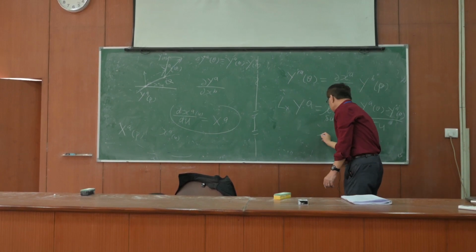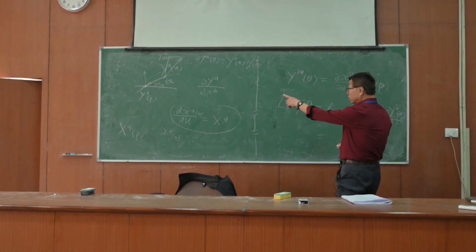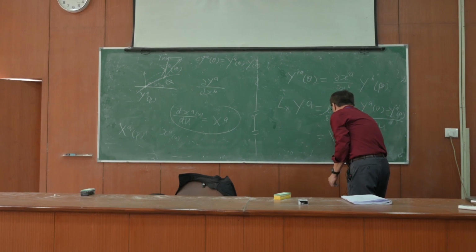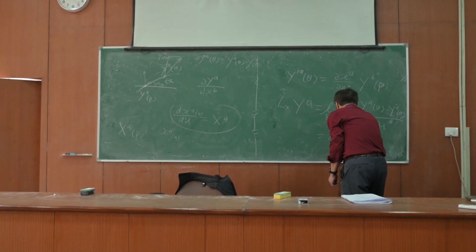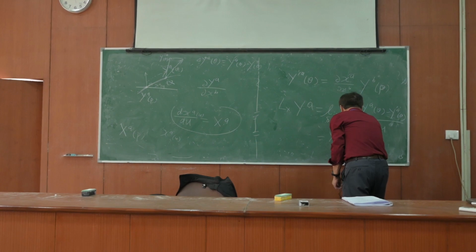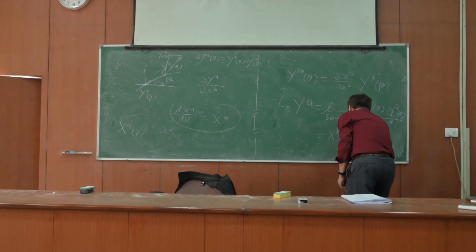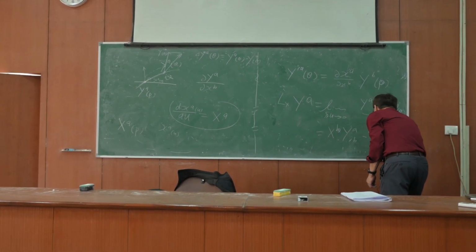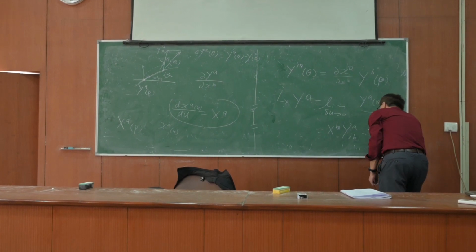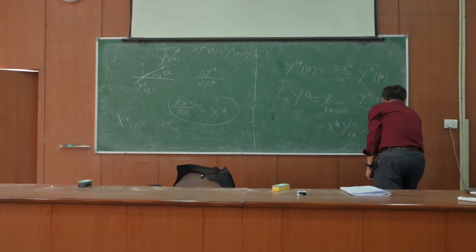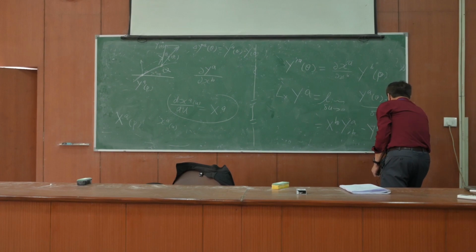This is exactly what I get there. So x, a, x, b, y, a, b minus y, b, x, x, a, b.